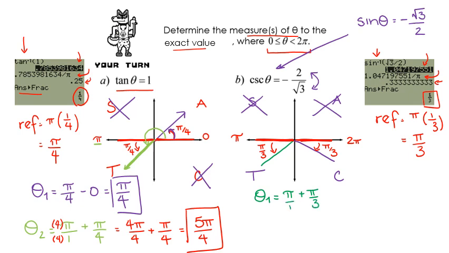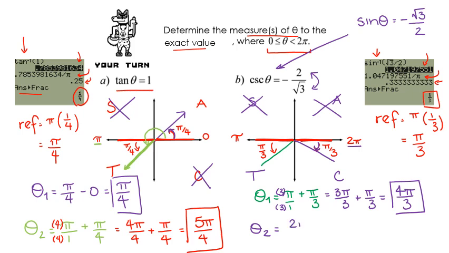I'll put the pi over 1, and we need a common denominator of 3, so I'll multiply that fraction by 3 over 3, which gives us 3 pi over 3 plus pi over 3. And 3 pi plus pi gives us 4 pi over 3 as our first solution. For the terminal arm in quadrant number 4, this time we have to take 2 pi and then minus away the reference angle of pi over 3.